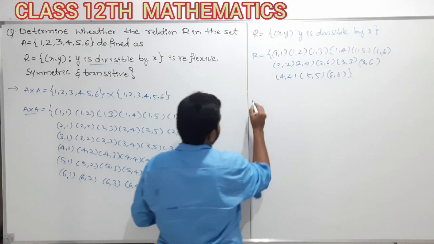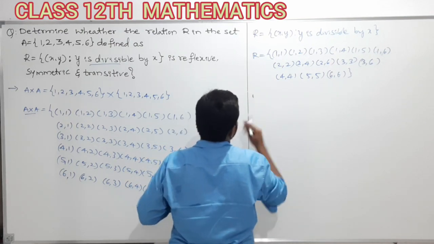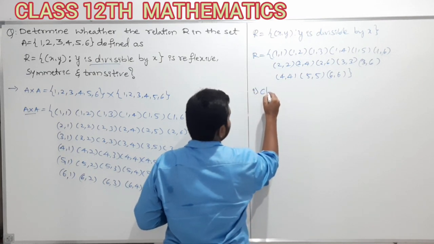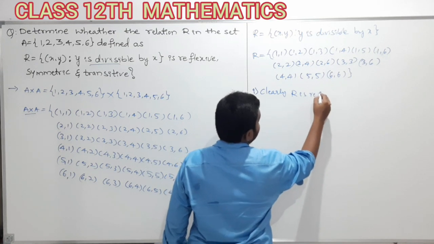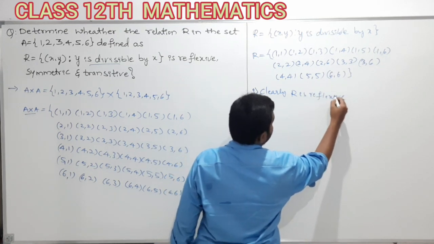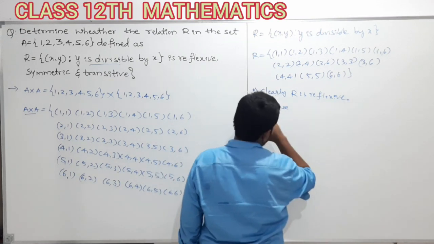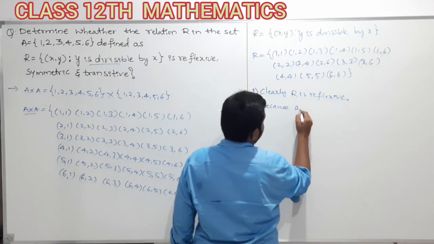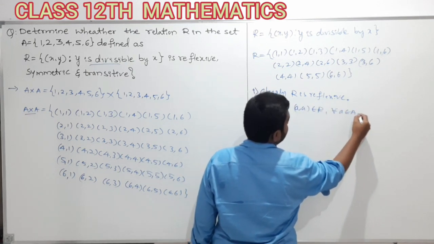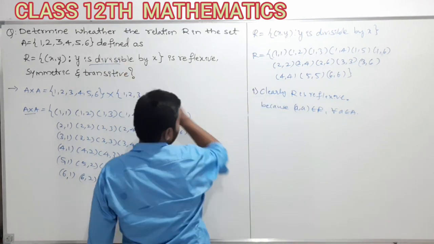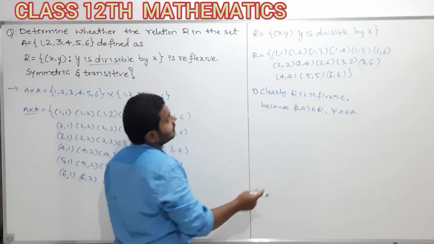Clearly, the first condition I am going to write: R is reflexive because (a, a) belongs to R for every a belongs to A. Every element of the given set A is related to itself. So therefore R is reflexive.